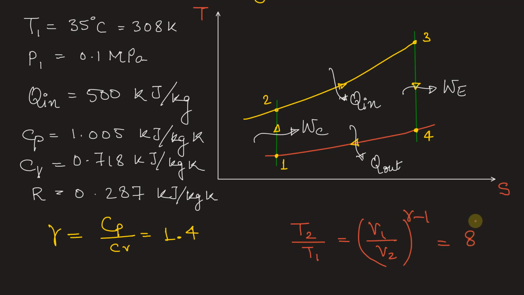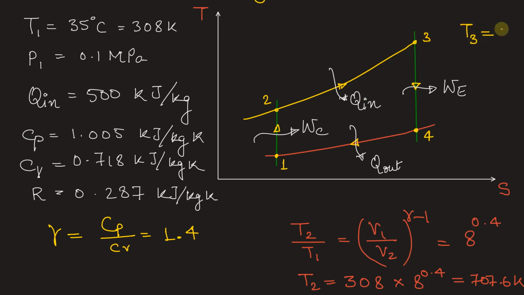Gamma is 1.4, minus 1 is 0.4. And T1 is also given in the problem. So we can find the value of T2: T1 is 308 Kelvin multiplied by 8 to the power of 0.4, which will be equal to 707.6 Kelvin.